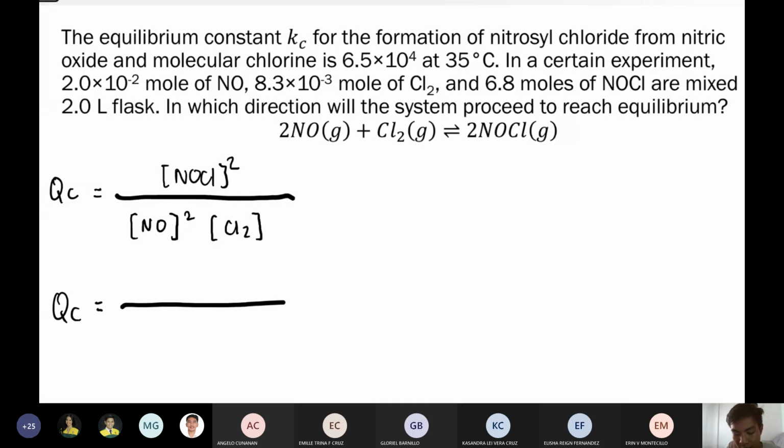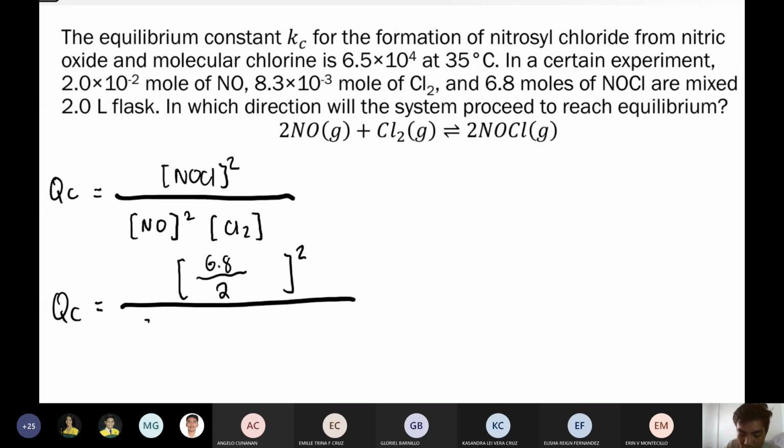Okay, so let's plug in the concentration for NOCl. That will be 6.8 moles of NOCl. Divide mo yan sa volume ng flask, 2 liters, to get molarity. Again, moles divided by volume to get molarity. How about NO?